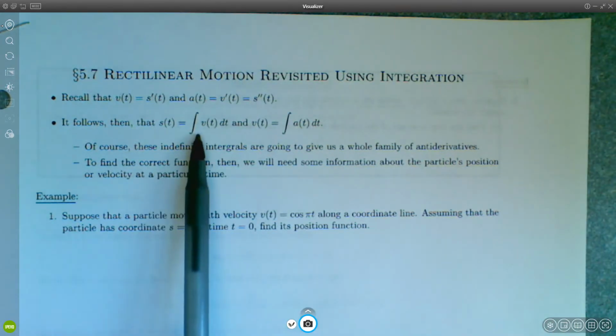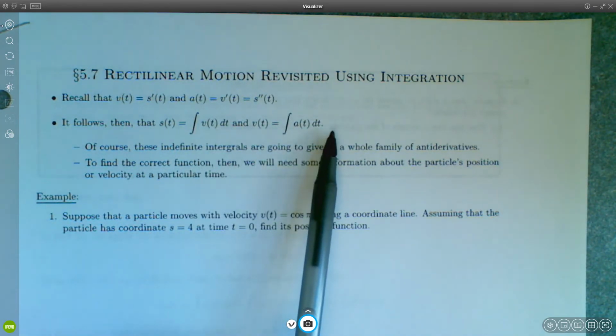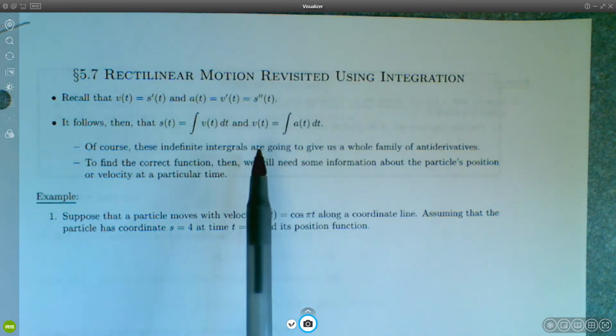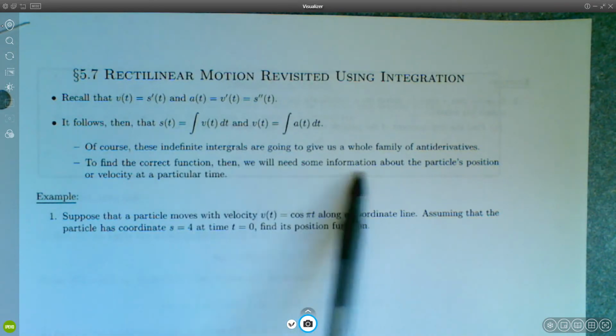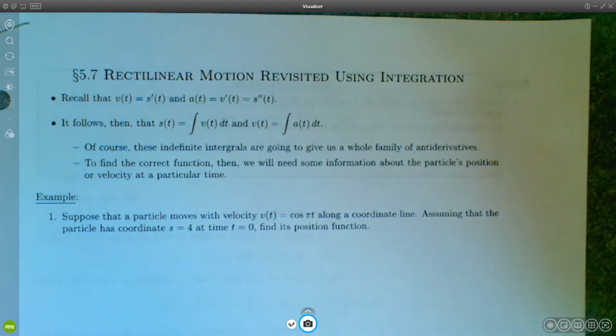Now, these indefinite integrals are going to give us a whole family of antiderivatives, and so to find which antiderivative is the correct one, we need some extra information, and we usually call that extra information initial conditions, or something along those lines.